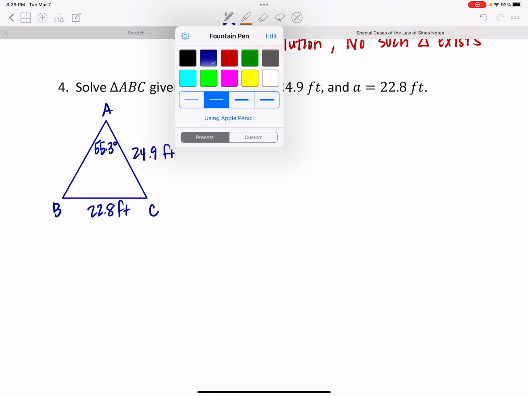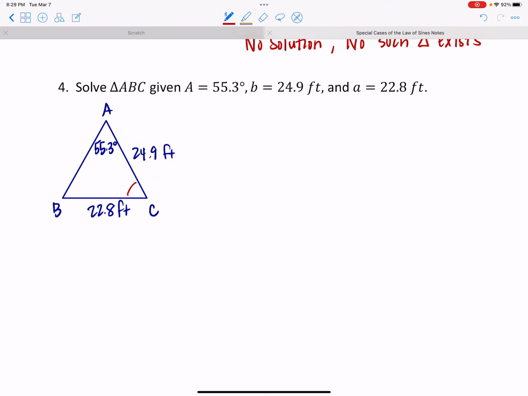So again, solving for C in this one, no good. Don't know angle C, don't know side C, so that's the one that we're going to leave alone for a minute. So I'm going to try to solve for angle B. If I'm solving for angle B, I would say that the sine of B over its opposite side, which is 24.9, is going to be equal to the sine of A, 55.3, over its opposite side, which is 22.8.